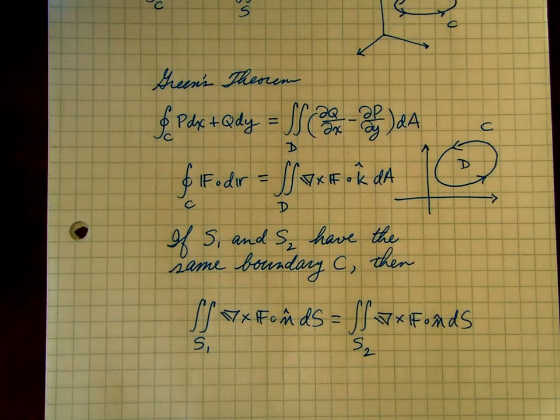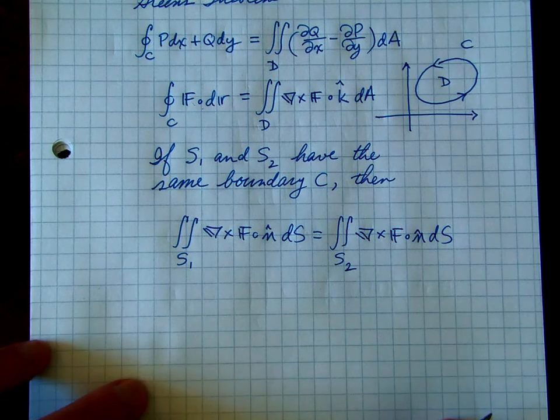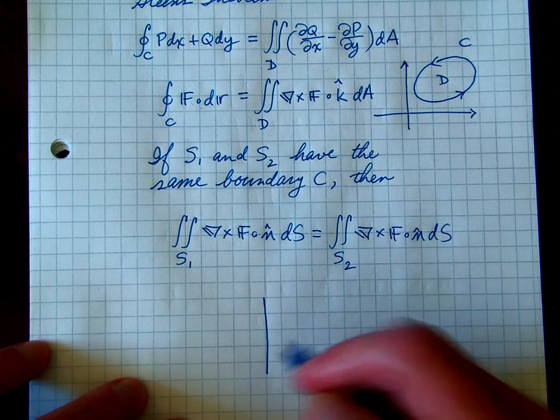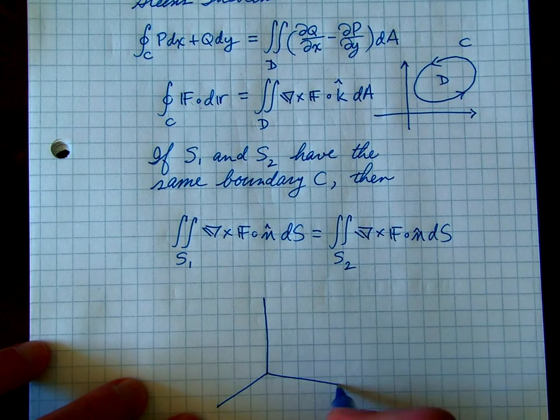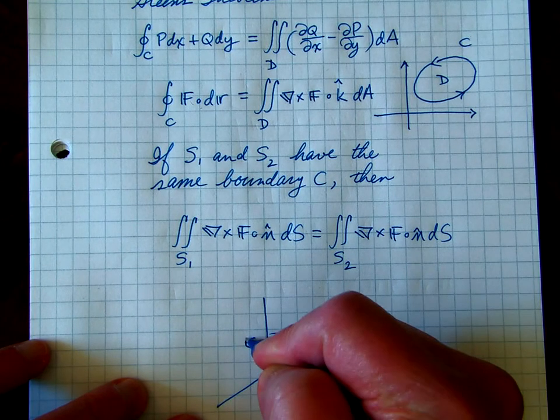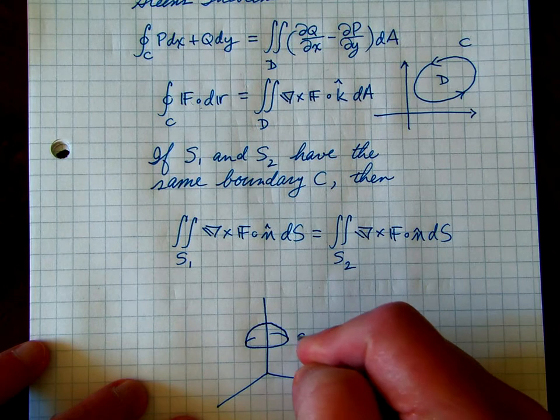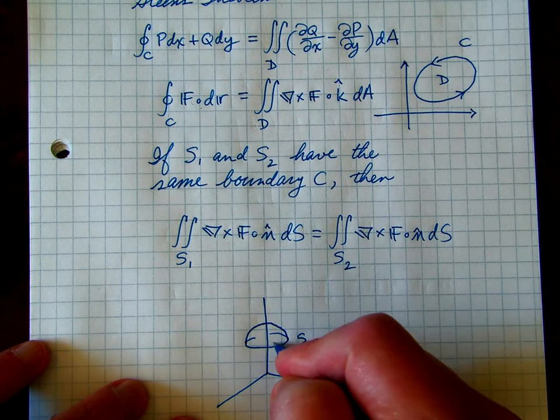If you don't quite appreciate what this means, well, check this out. If, for example, I had some nice surface in space right here, and maybe it's a hemisphere, maybe it's part of a paraboloid, and I call it S1. And C is just this.